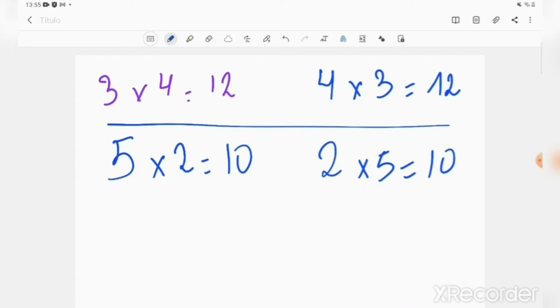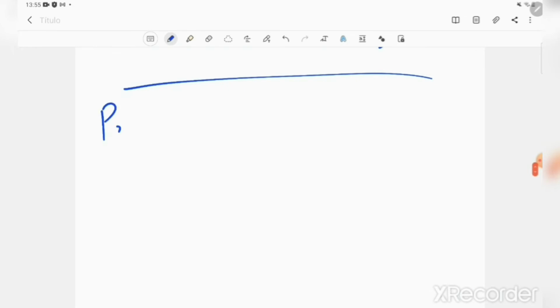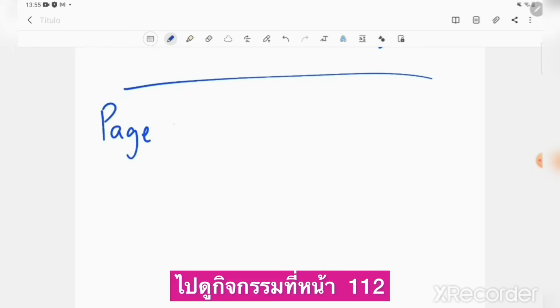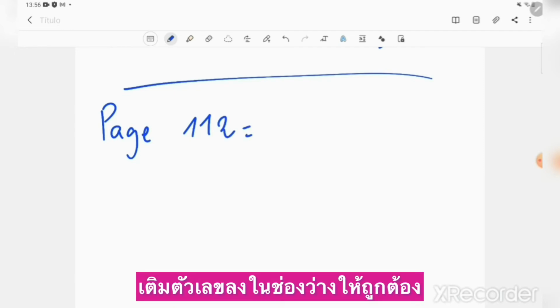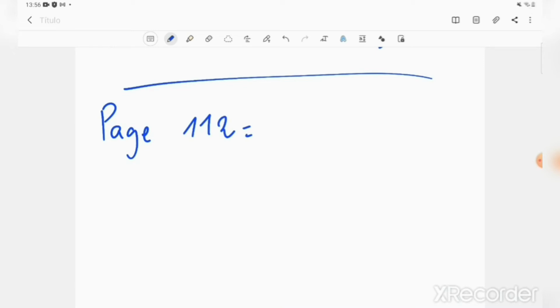So in the page number, I want you to take a look. Okay, page number 112. You have an exercise, okay, that says fill in the gap with the correct answer. Okay, and you have two multiplications like this.